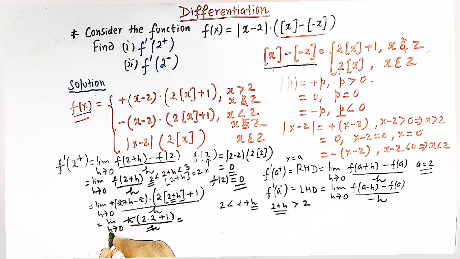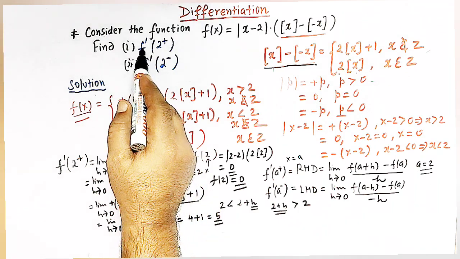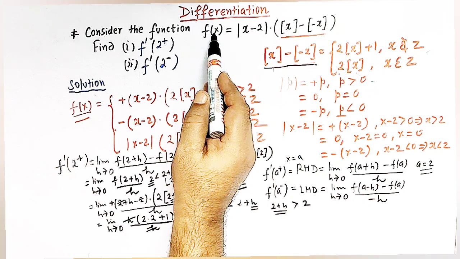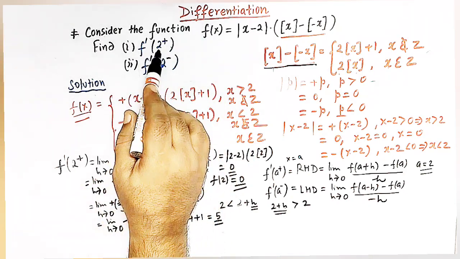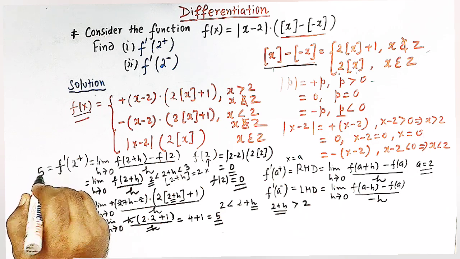So we can now omit, or we can neglect this limit notation. So we have 2 times 2, 4, and this is plus 1, that is equal to 5, right? So the right hand derivative of this function f of x at this point 2 is equal to 5.